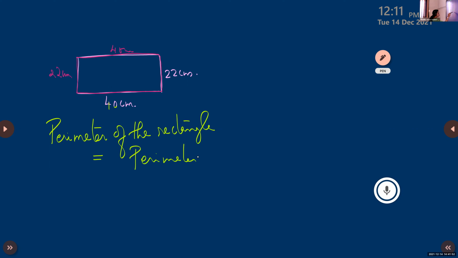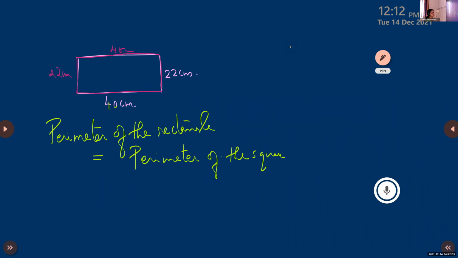The same wire is used to make the square. Children, did you understand? Because we are using the same wire to make the square with the same length. So if you bend that same wire and make a square also, its total length, there is no change, right?